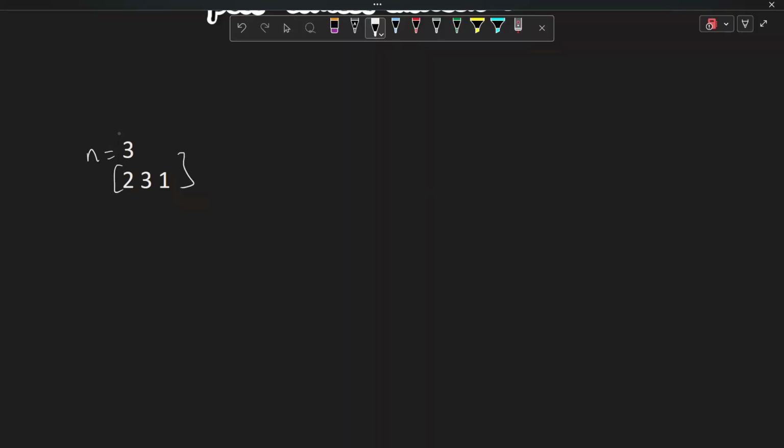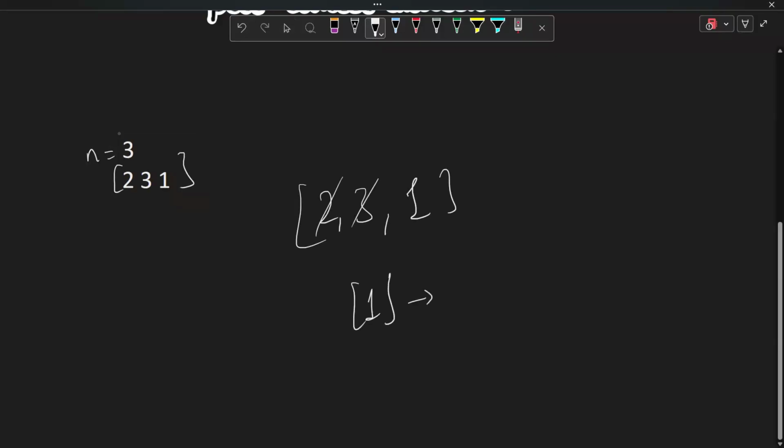For this test case, you can just delete any two elements. Let's say you deleted these two elements. What is left? You are left with a 1. Here the maximum is 1, and the minimum is also 1. So 1 minus 1 would be 0. Your range for this array after these deletions would become 0.